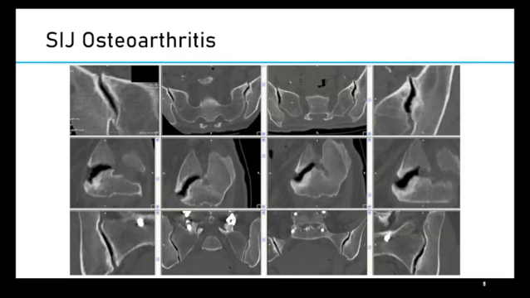Here is another example. This is an extreme example of osteoarthritis of the sacroiliac joint, and you can see how it is differentiated by the different views, which I consider important.